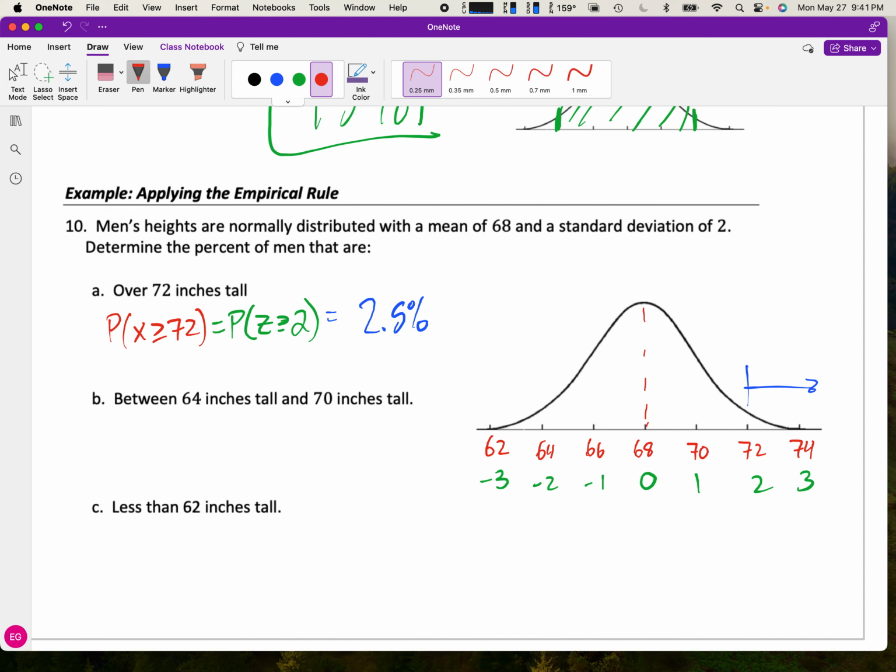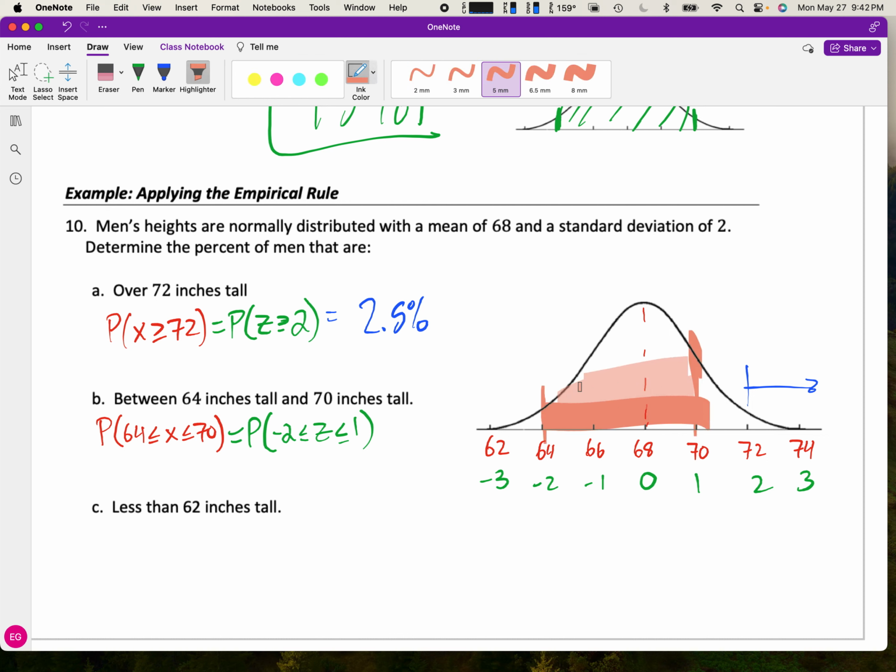Next, we have what is the probability that you find someone who is between 64 and 70 inches. When we look at our z-scores, 64 is -2, and 70 is 1. So we're looking for these values that go between -2 and 1. So this little region right here.